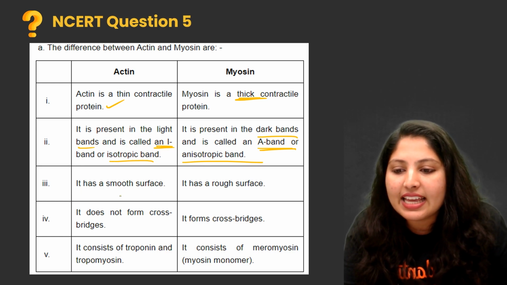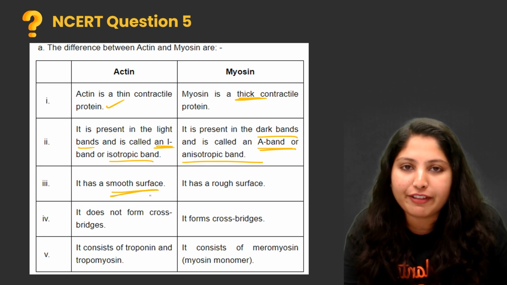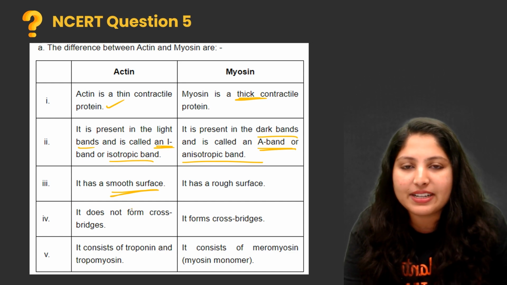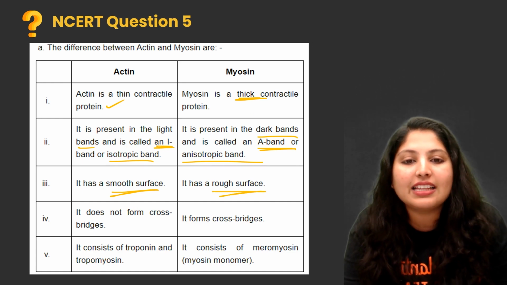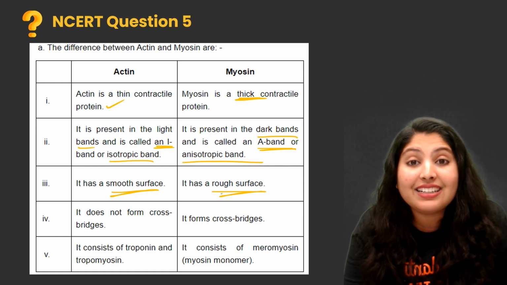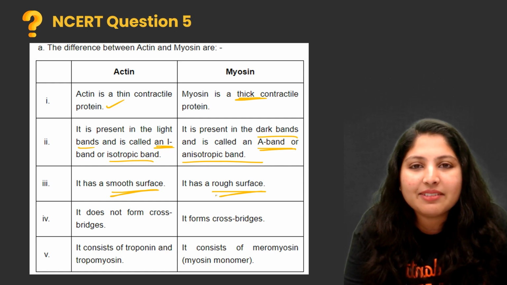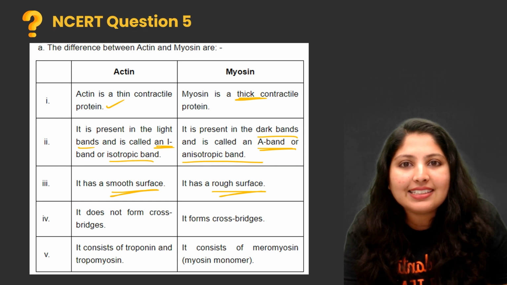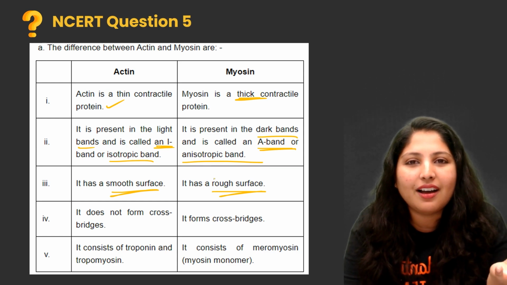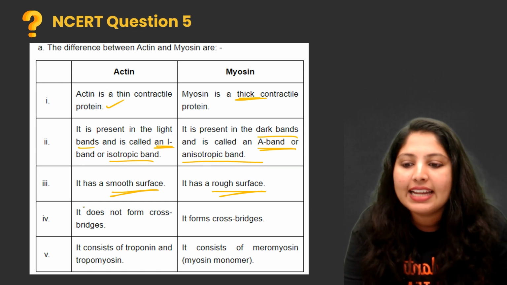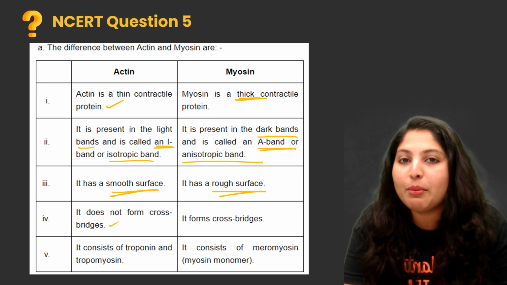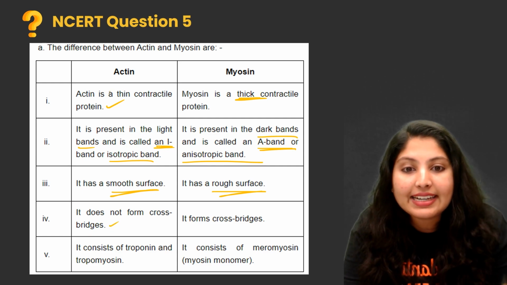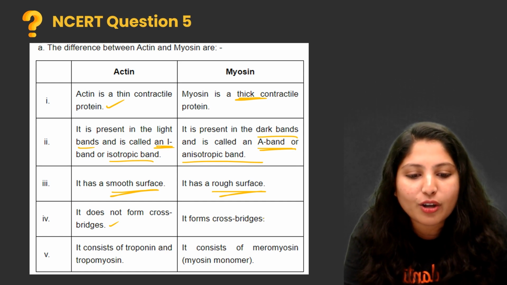Actin has a smooth surface because only actin is present. But myosin has a rough surface because the myosin contains a head also. Head and the tail, right? So the head region gives a rough surface to it. Next, actin does not form cross bridge, but the head of the myosin causes cross bridge.